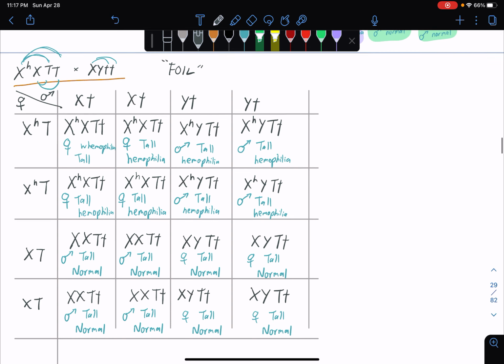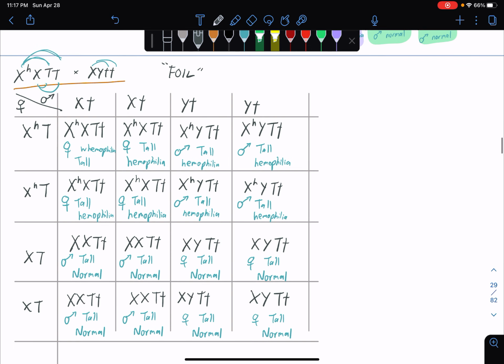Okay, we're now done. Now let's find out the genotypic ratio. But first things first, let's list down all of the combinations of symbols that are present in each square. So we have X^H X^T t.